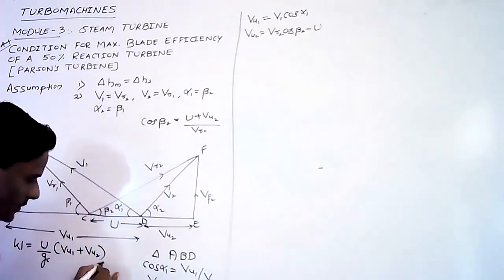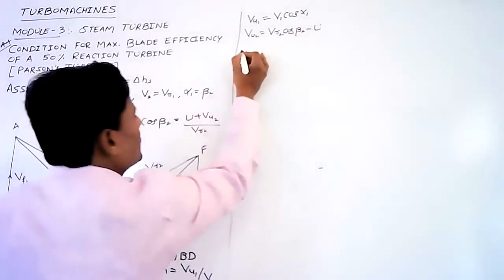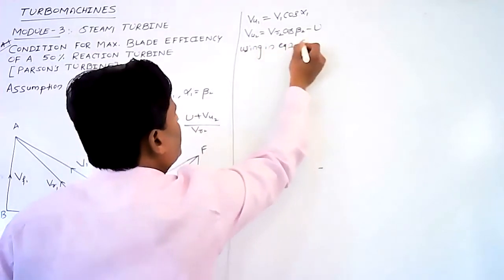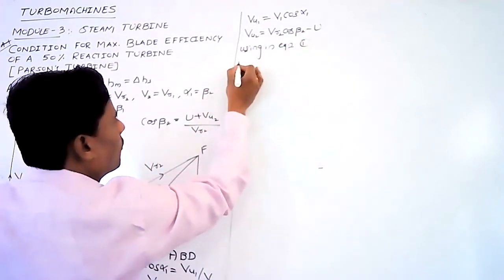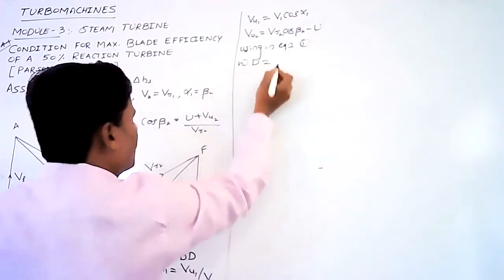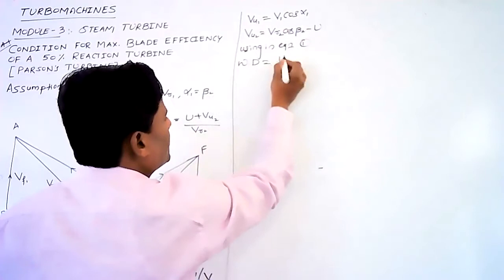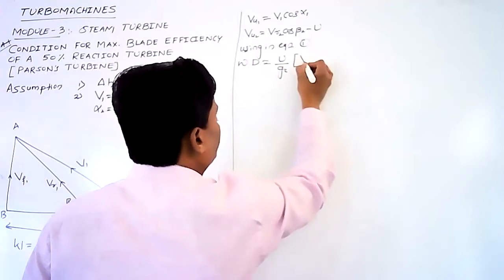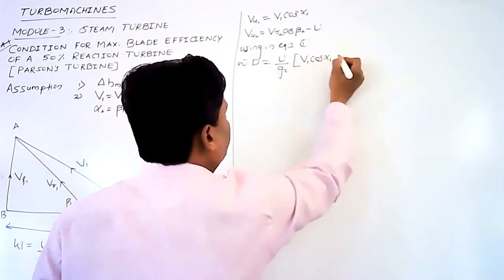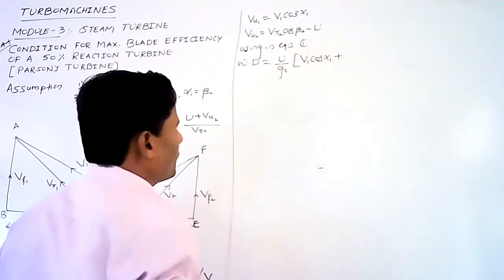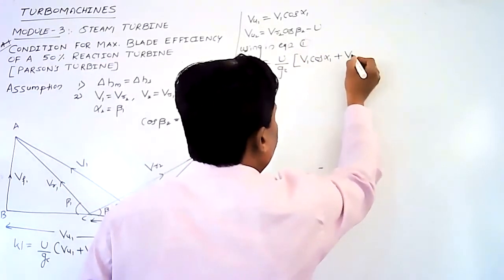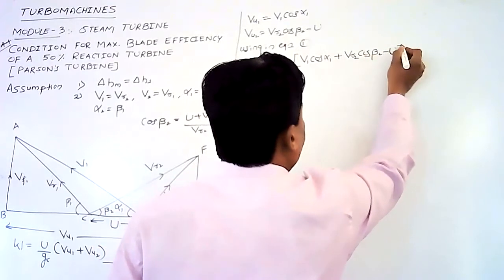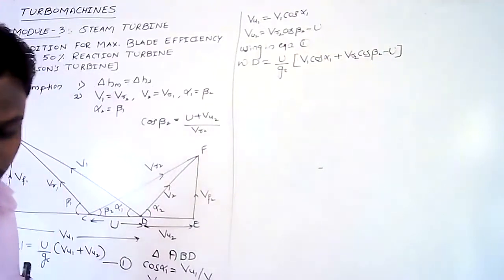Let us take this as equation number 1. Using equation 1, I can write W, the work done per kg of steam, equals U by gc into, instead of Vu1, V1 cos alpha 1, plus, instead of Vu2, Vr2 cos beta 2 minus U, with U as it is.